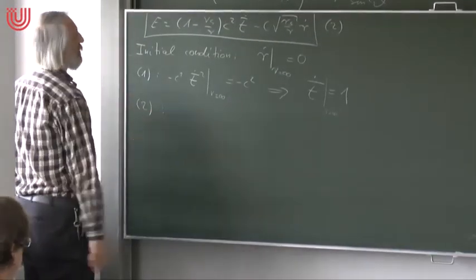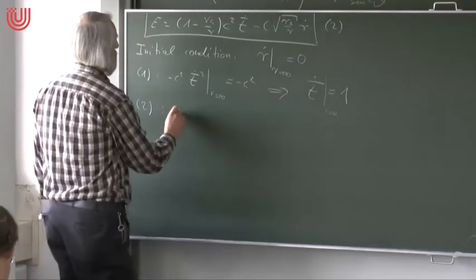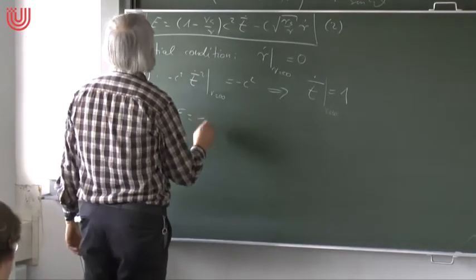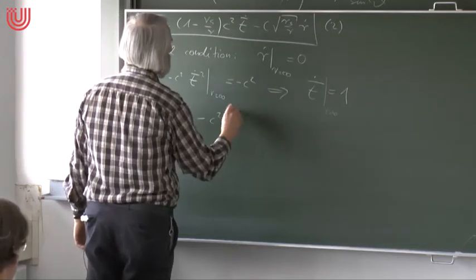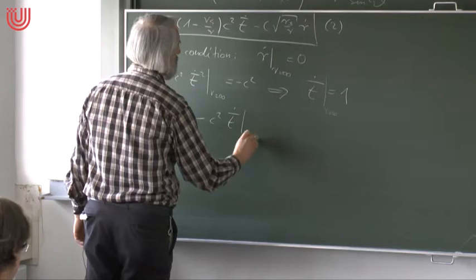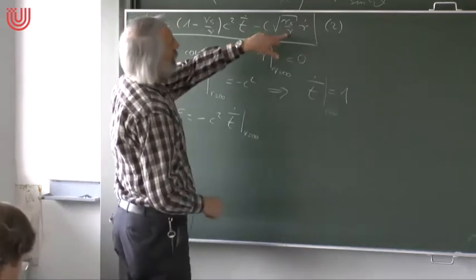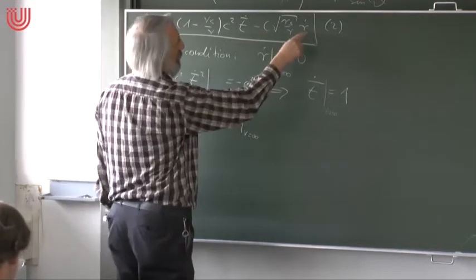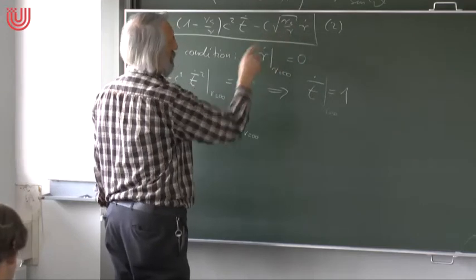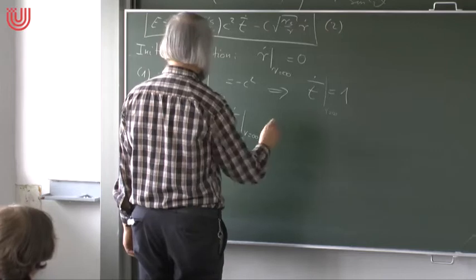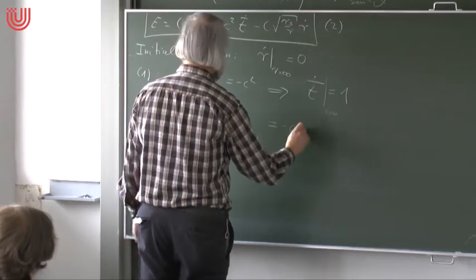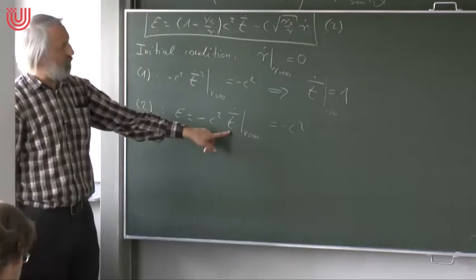And from equation 2, we get E is minus 1 c squared t bar dot at r equal infinity. And this is 0, because I have the r two times. This is 0, and this is also 0. So it's 0 times 0, which is even better than 0. So this is minus c squared, because we already know that this is 1.